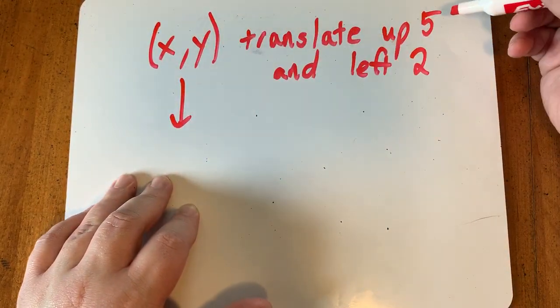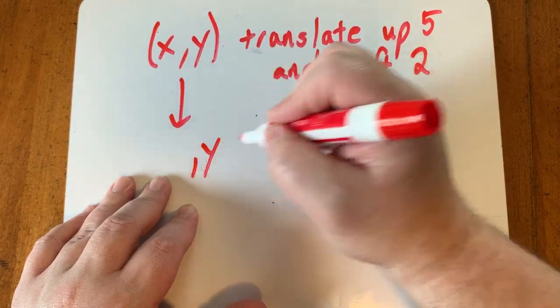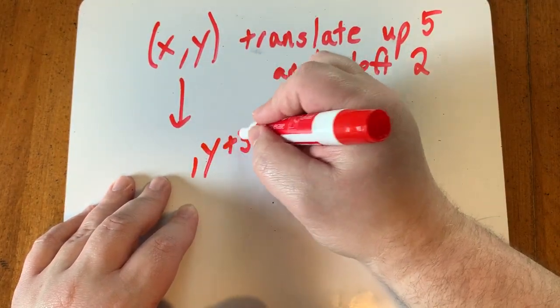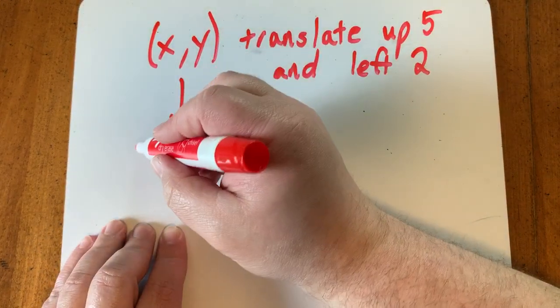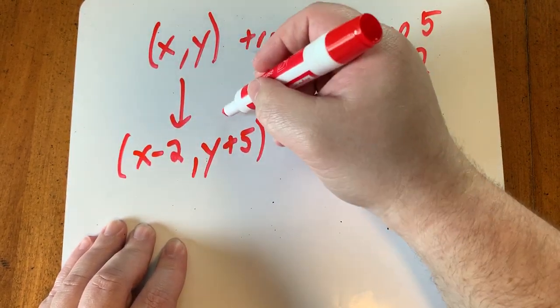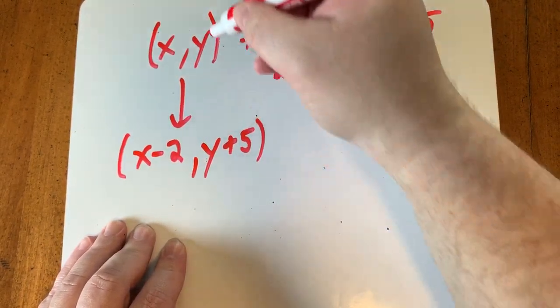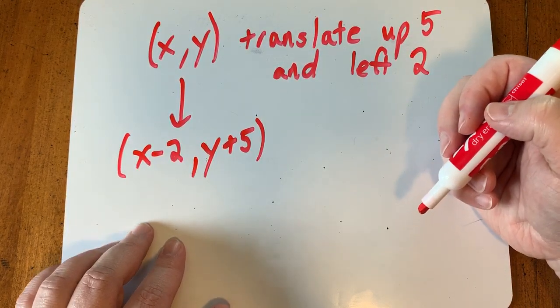If you were to take it up 5, up and down modifies the y-coordinate, and going up is adding. Left and right modifies the x-coordinate, and going left is subtracting. So this would be the image of that pre-image with this transformation.